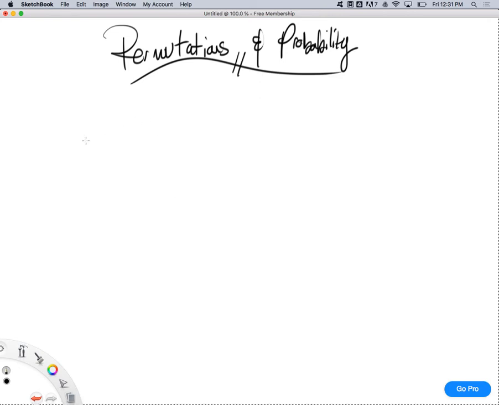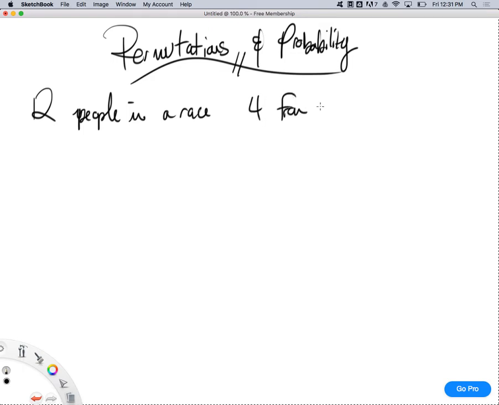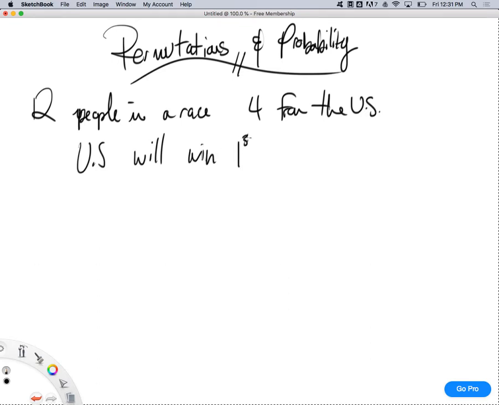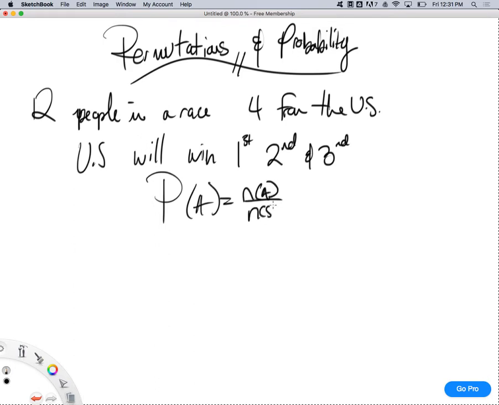For instance, first example is 12 people in a race. Four from the U.S. What's the probability that the U.S. will win first, second, and third? Well, probability, the first thing I write down is P(A) equals N(A) over N(S).